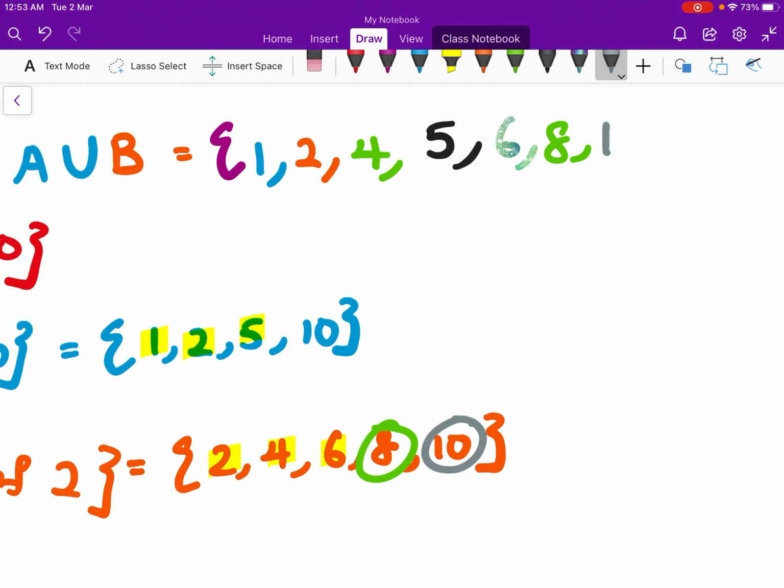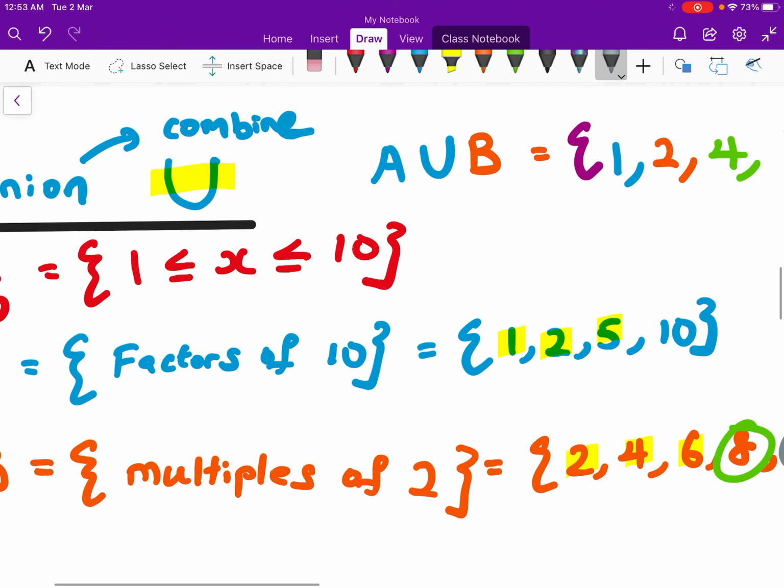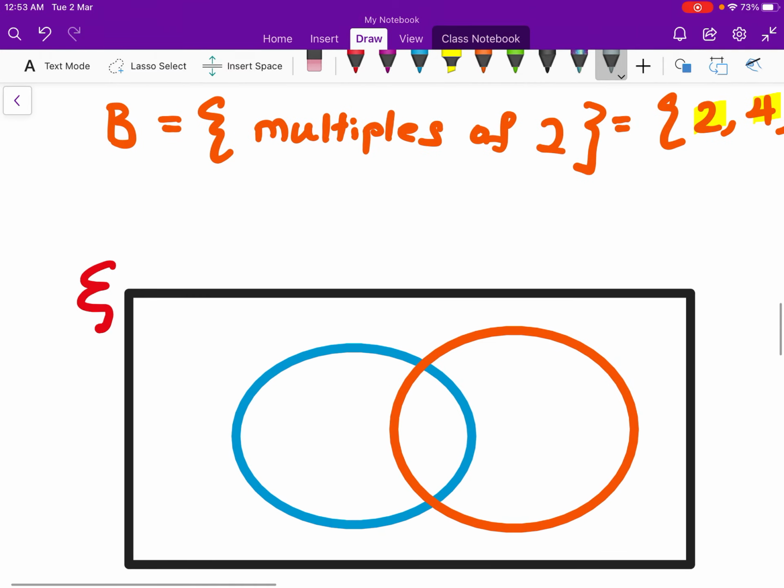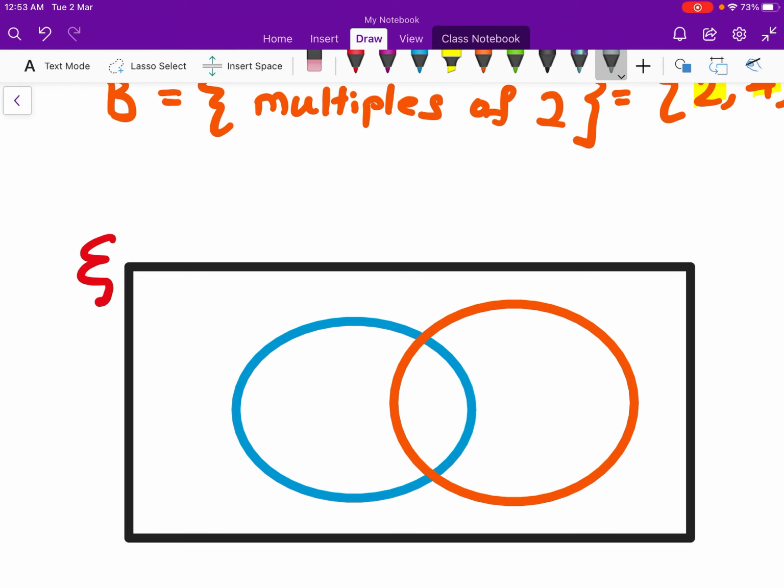Okay, 10. So these are all the elements inside A and B: 1, 2, 4, 5, 6, 8, 10. This is an example of union. If I want to represent them on a set diagram, same thing, I just put them respectively.